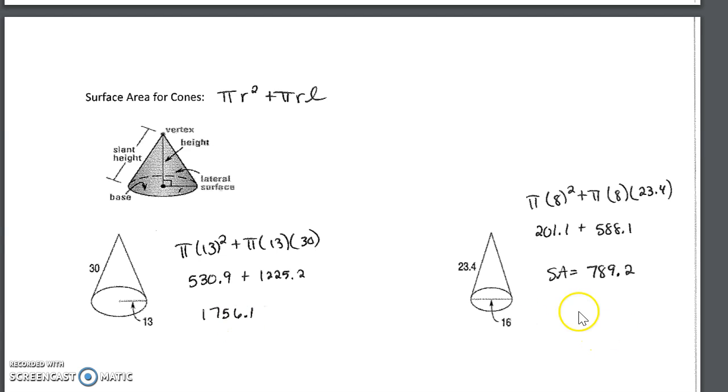The second one just has that one little trick in it. 16 is your diameter. So when you're doing your work, you should be using half of that. You should be using 8. So pi 8 squared plus pi times 8 times 23.4. 789.2.